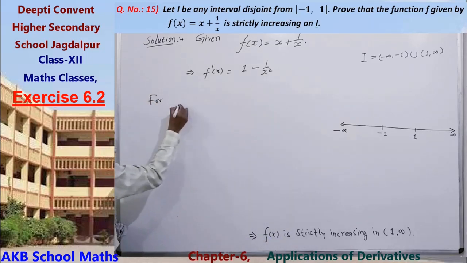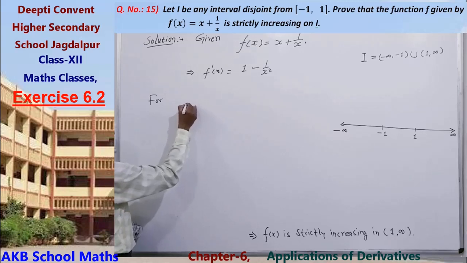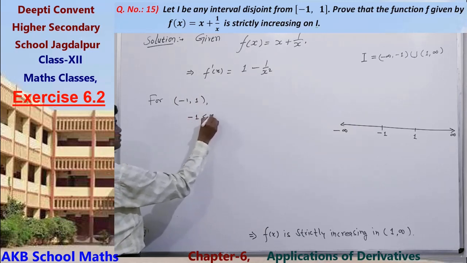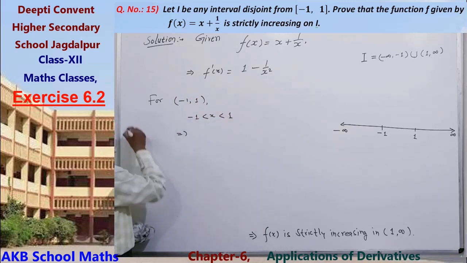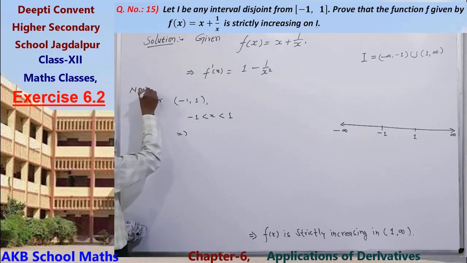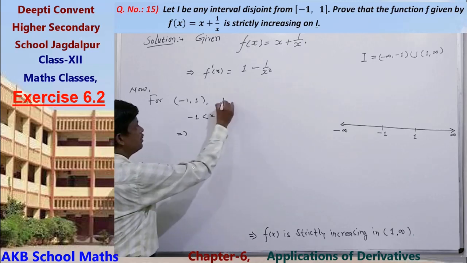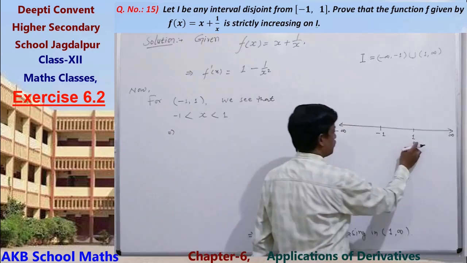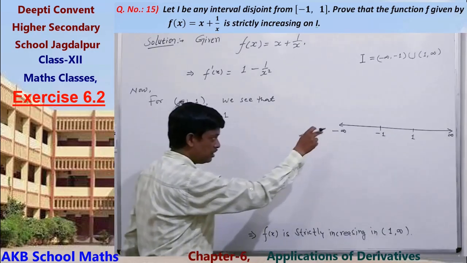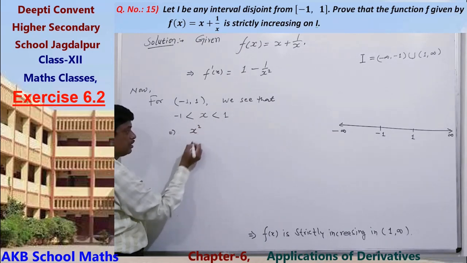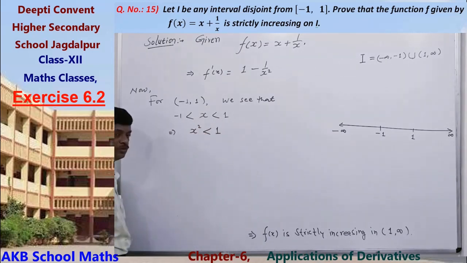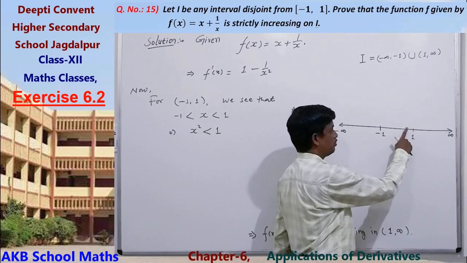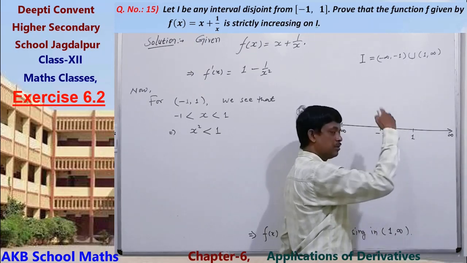Now for minus 1 < x < 1. For this interval, the square of x is also less than 1, because for values of x like 0.5, 0.3, 0.7, 0.8, 0.9, the square of that number is also less than 1.